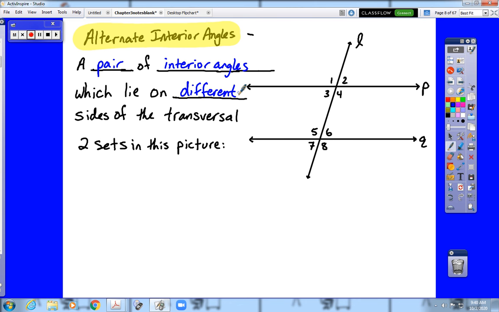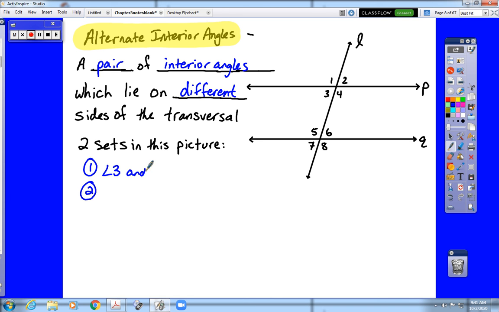Okay, so when we're looking at this, there are 2 sets of angles that would be called alternate interior angles in this picture. Angle 3 and angle 6 are at different points of intersection on different sides of the transversal. And angles 4 and 5 are alternate interior angles. So 3 and 6, that's one set, and 4 and 5, that's the other set.